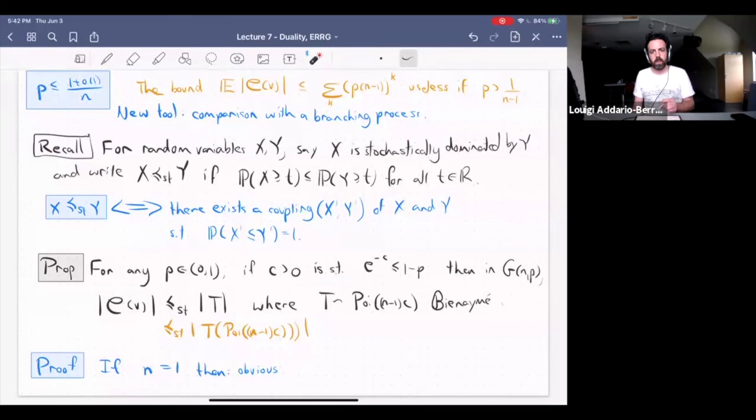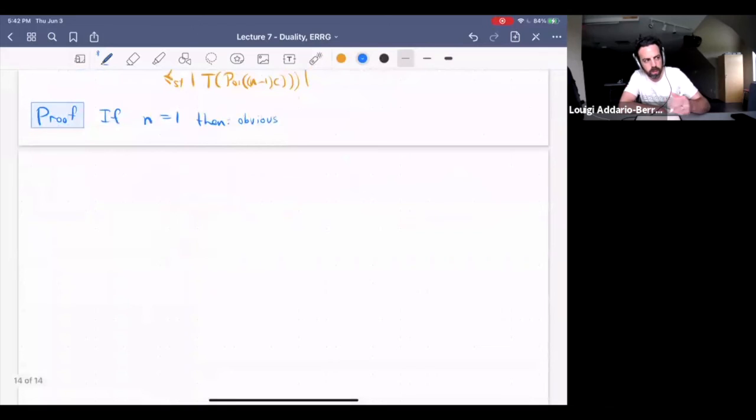I'll use it without comment later: if I look at the size of a Poisson branching process with some mean lambda, then increasing the mean lambda just stochastically increases the size of the Poisson branching process. Okay, so that's how the proof is going to go.